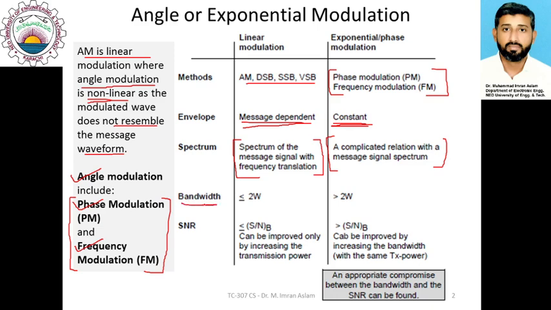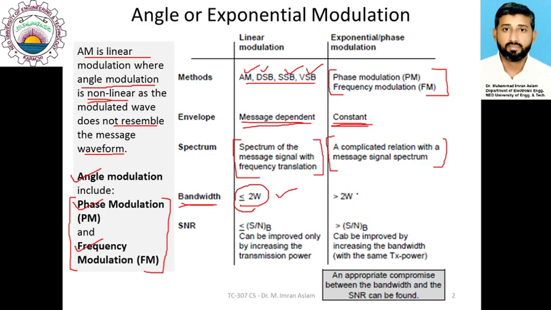The bandwidth that we have discussed is actually given as 2W. For AM and DSB, we know that the bandwidth is 2W. For SSB and VSB, the bandwidth is close to the message bandwidth, that is W. So the maximum bandwidth that we can get in AM or linear modulation is actually twice the message bandwidth.